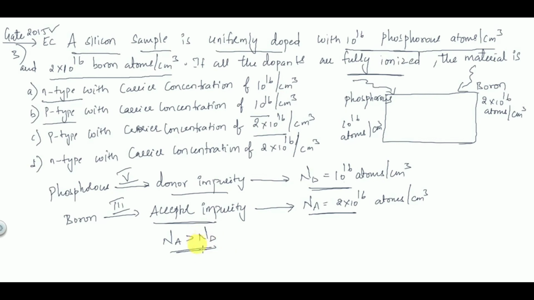Since acceptor impurity concentration is more, the type of semiconductor is P type.